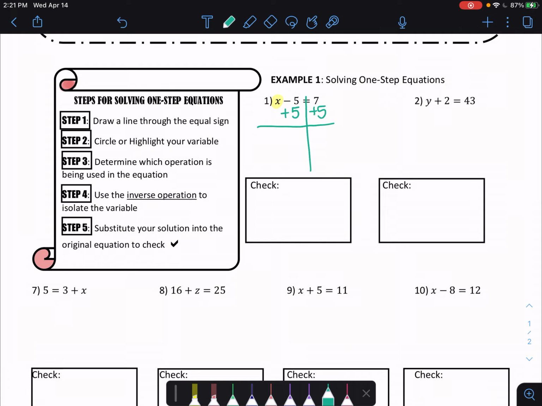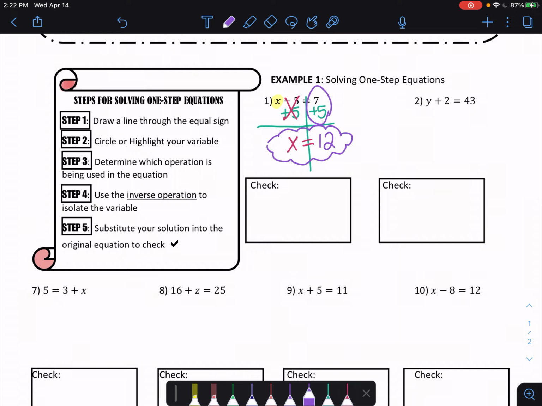So negative 5 plus 5 is actually going to cancel out. And all I'm left with on this side is x equals, because my goal is to get the x by itself. And then on the other side, I can add these two numbers together. 7 plus 5 is 12. So my solution to this equation is x equals 12.